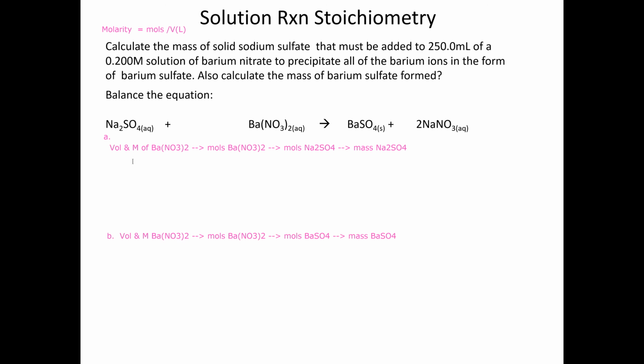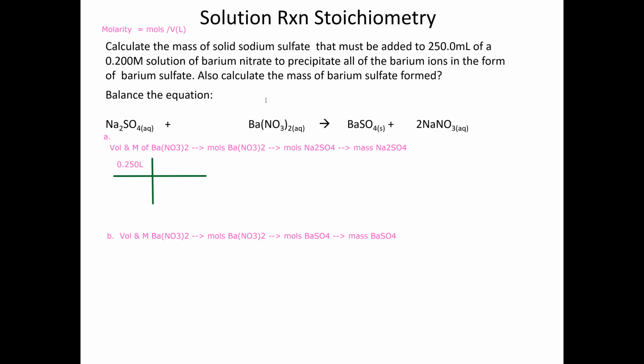So again, when we have volume and molarity, molarity is moles per liter. Volume needs to be in liters. So here, if we start with volume, it is 0.250 liters.